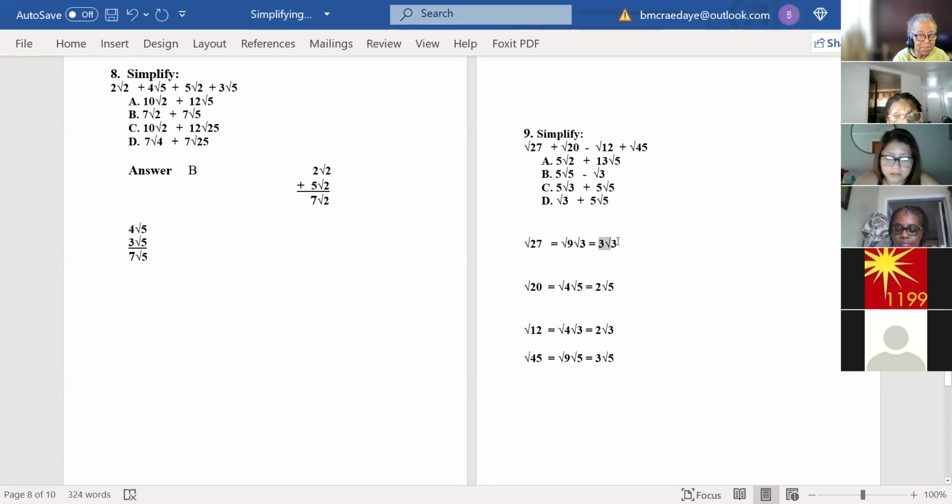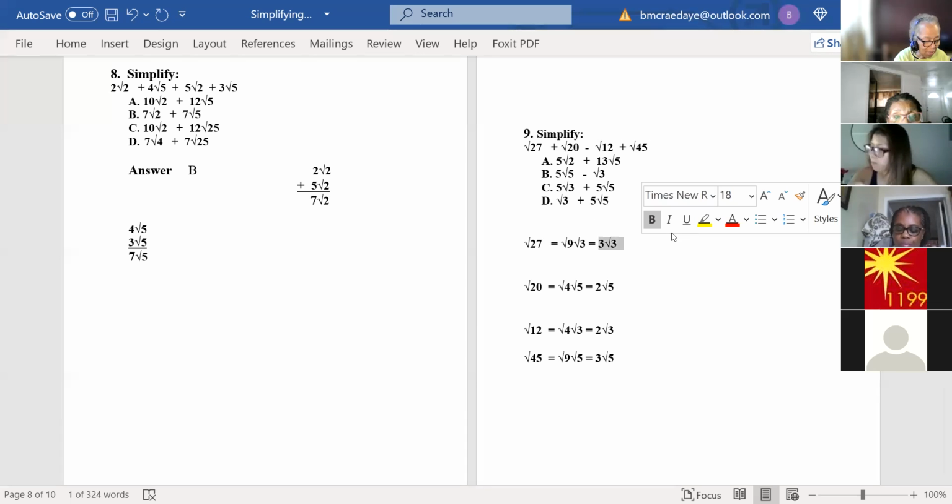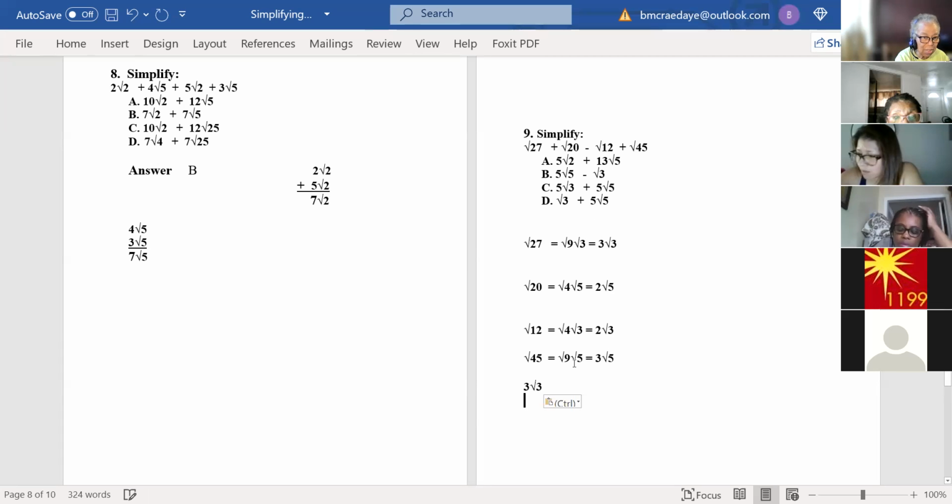Take 3 times the square root of 3. That's the square root of 27, so let's put that here. Plus the square root of 20, which is 2 times the square root of 5. So let's put that there.